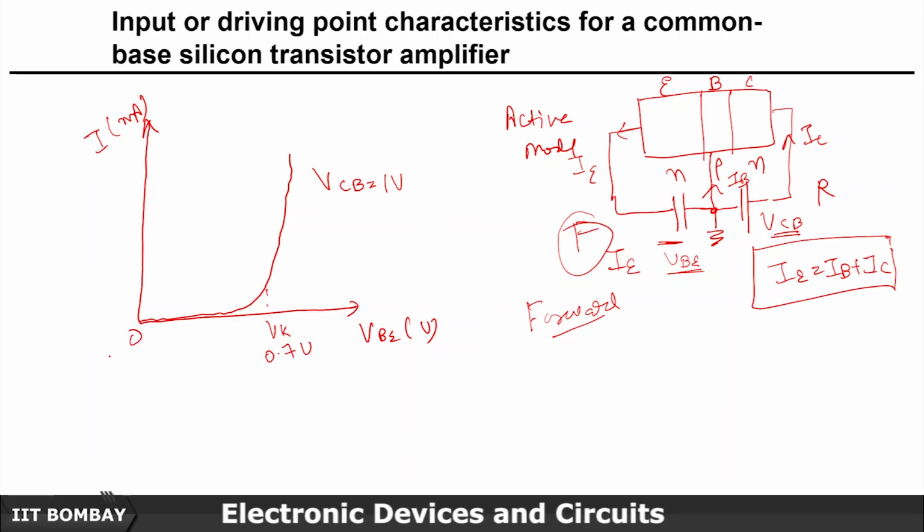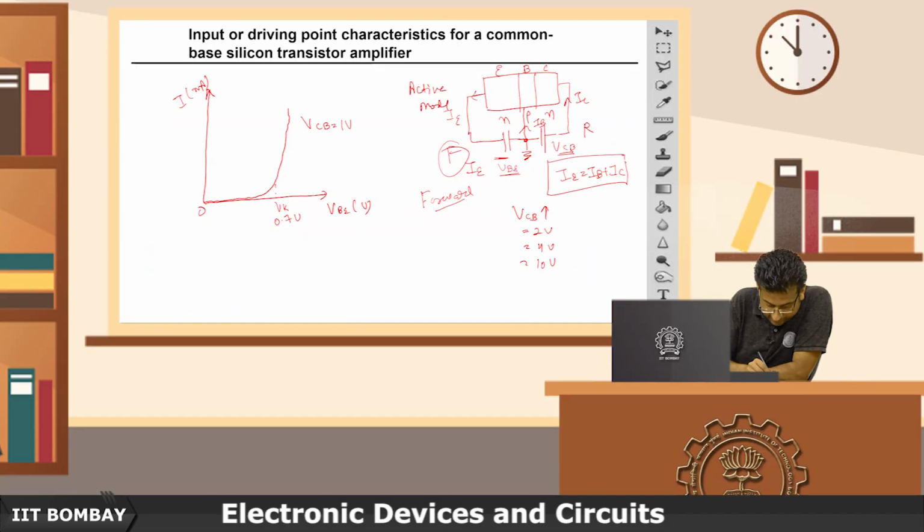This is 0. If I increase VCB to, let's say, 2 volt, 4 volt, 10 volt, what will happen? What will the curve look like? I'm keeping VBE constant. There are two possibilities. The curve can go something like this, or it can go something like this.